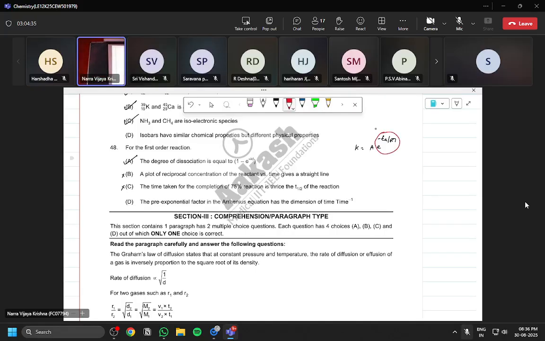Then what are the units of A? A units is nothing but k units. For first order, k units is per time. So A units is per time. Right? So answer is D correct. Next question, sir.